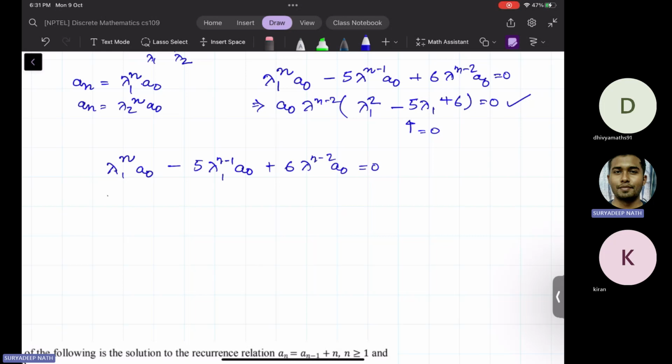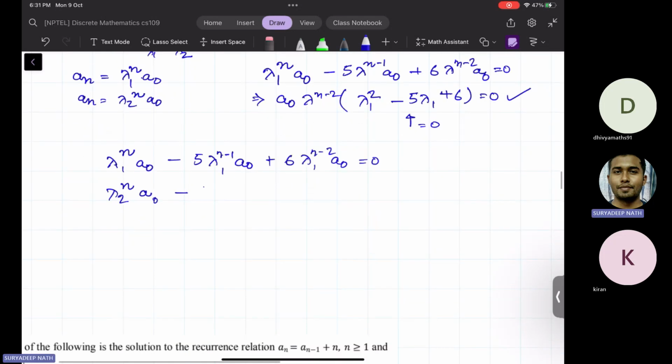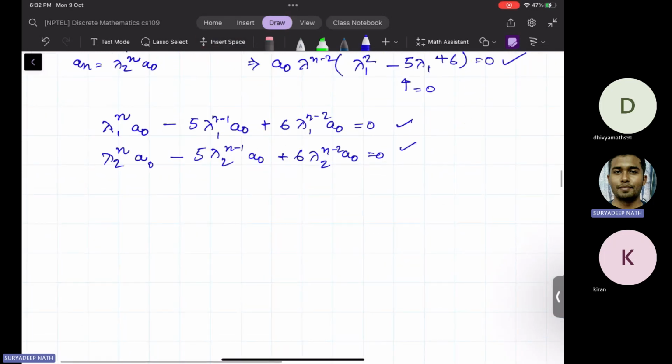And similarly, we have for lambda 2 also, lambda 2 to the power n a0 minus 5 lambda 2 to the power n minus 1 a0 plus 6 lambda 2 to the power n minus 2 a0 equal to 0. Both these equations will hold true because lambda 1 and lambda 2 are roots of that equation.